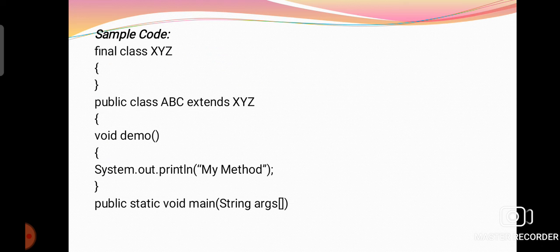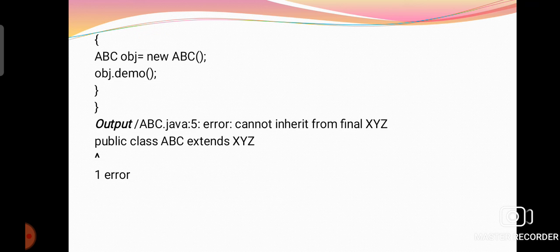Now we are going to see the code for the final class. We have the Java final class XYZ, and the class has to be declared with the keyword final. After that we try to have the subclass ABC. ABC inherits XYZ and has a method demo that prints something, and after that we try to call the method demo.